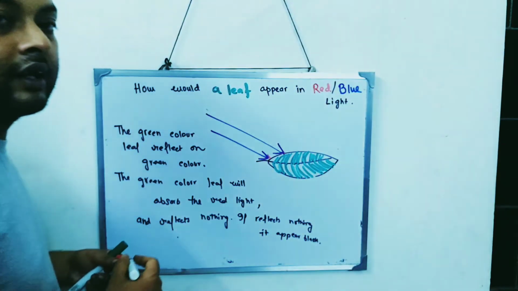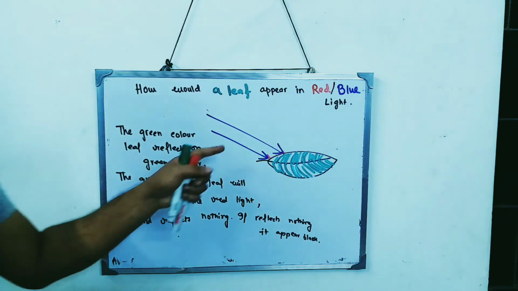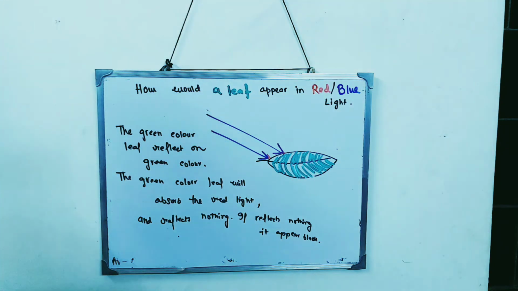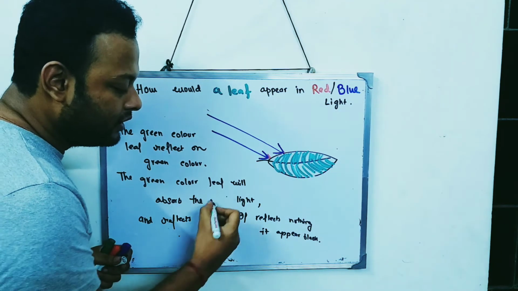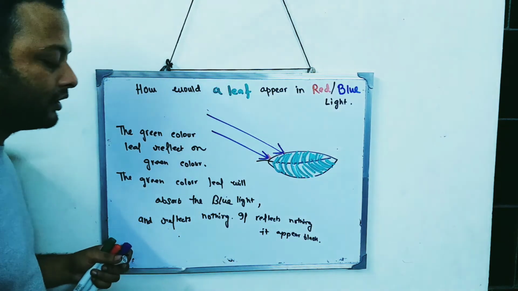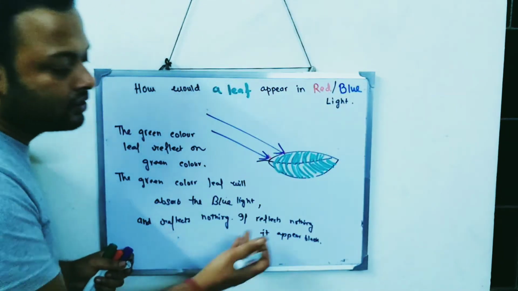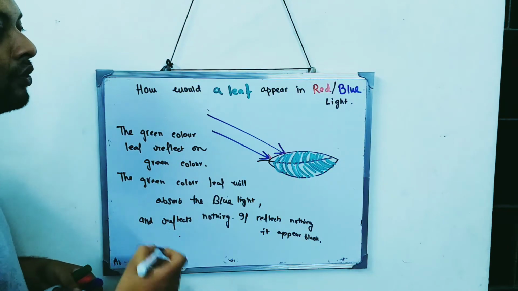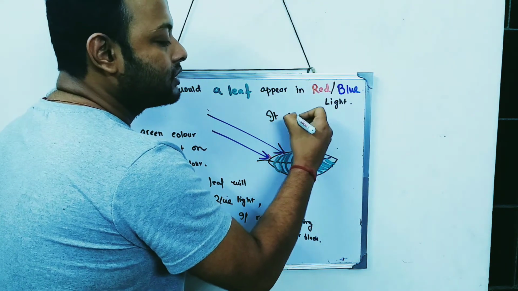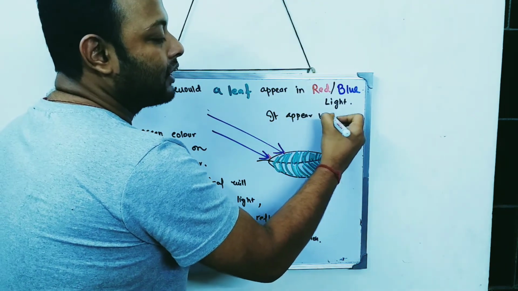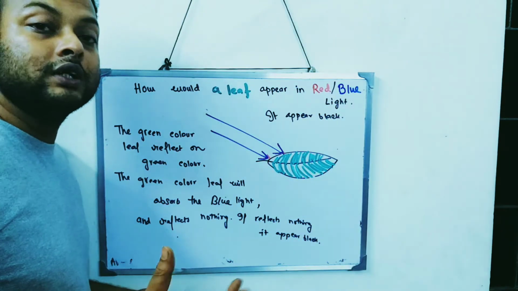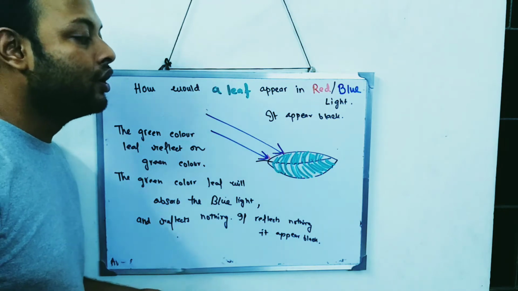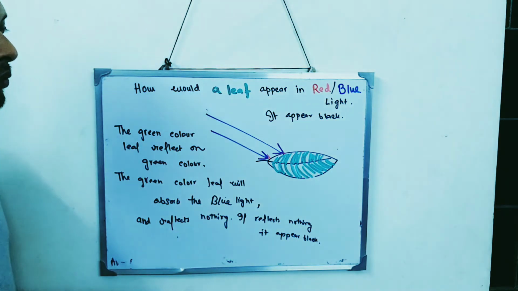The green leaf will now absorb the blue light, and it reflects nothing, so it will appear black. So in both situations, it appears black. And the reason is very important. Why does it appear black? Because it absorbs the red or the blue light. I hope you understood this part.